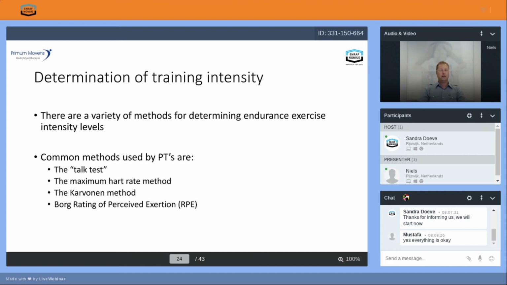Some of them are quick and dirty methods. So those are the ones like the talk test you can use immediately. That gives you an idea about intensity levels. There's the maximum heart rate method that I will discuss. I will talk about the Karvonen method, that's a bit more specific, and the Borg rating of perceived exertion, that's the Borg scales. Those are the ones that I will discuss now.